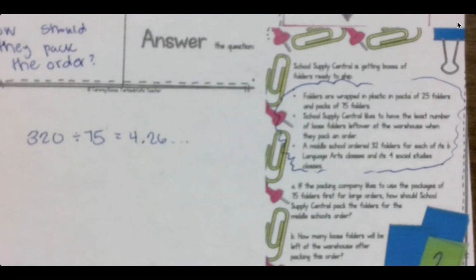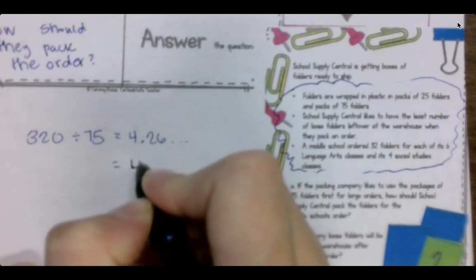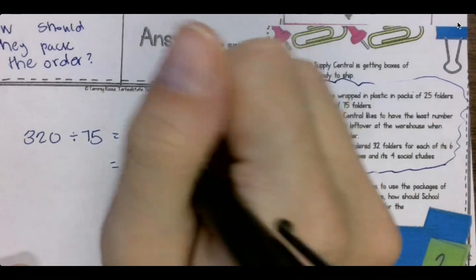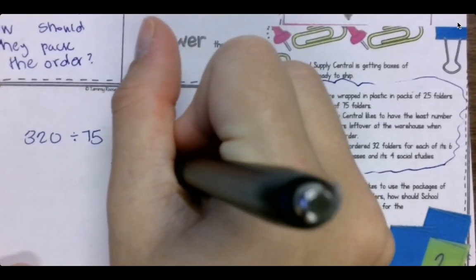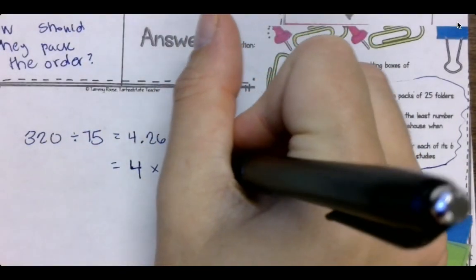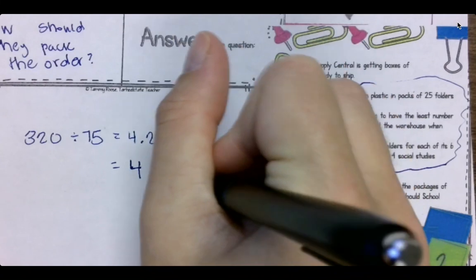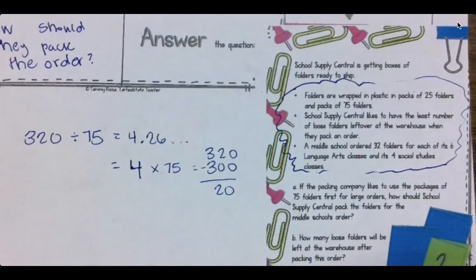Well, some of you are going to know, okay, I can get 4, and then 4 times 75 is 300. So 320 minus 300 is 20 left over.